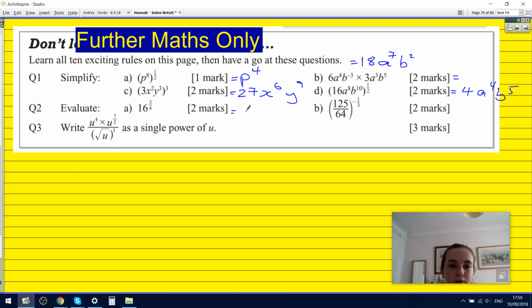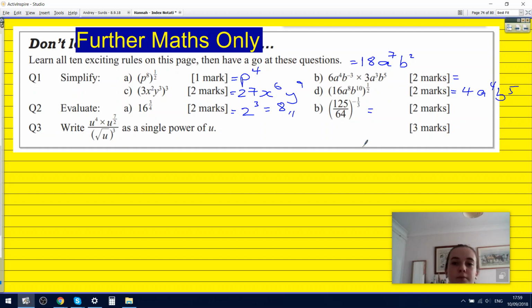Yeah. 4th root of 16? Yeah. So 4 to the. That's the square root of 16. 4th root? 2. Mm-hmm. Cubed, which is 8.